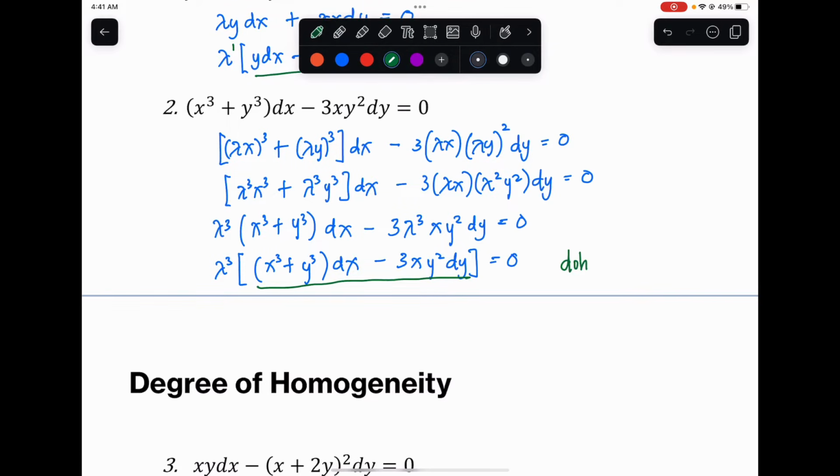Therefore, its degree of homogeneity is equal to 3. Okay, so because of that, degree of homogeneity is 3.